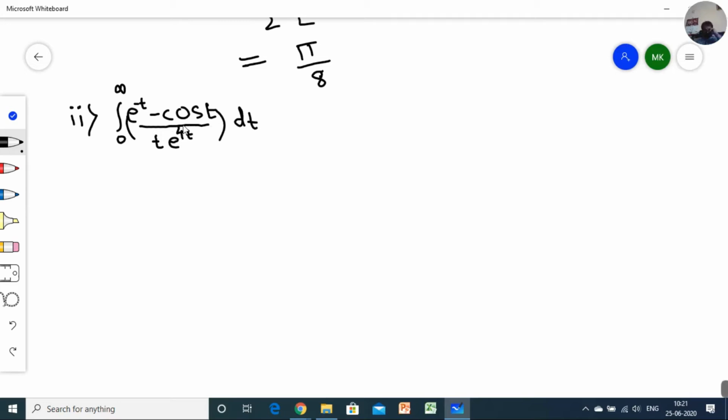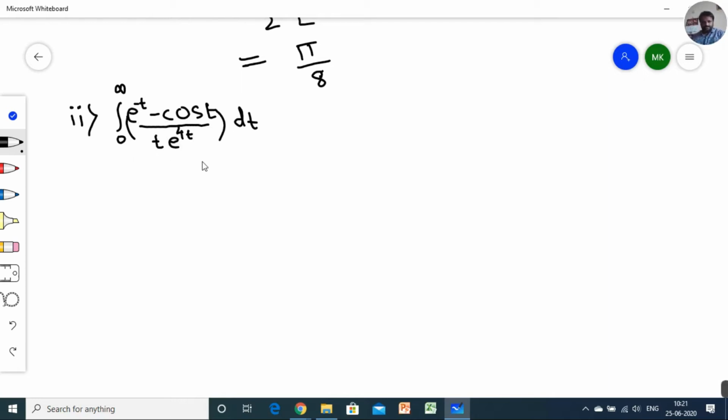Just try to understand, the question is given: integral 0 to infinity e raised to minus t minus cos of t divided by t into e raised to 4t into dt.